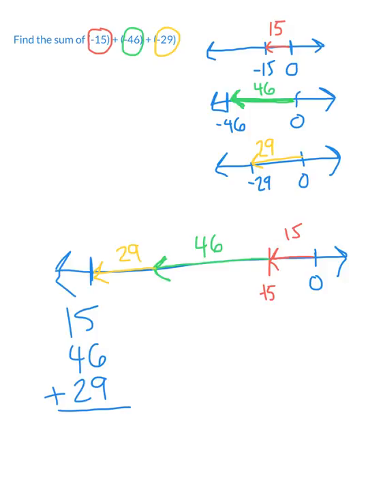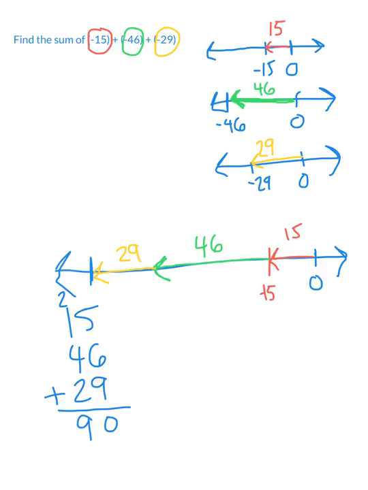So I'll carry my 20 and put my zeros down here. And then if I have 2 plus 1, that's 3, plus 4 is 7, plus 2 more is 9. So I have 90.